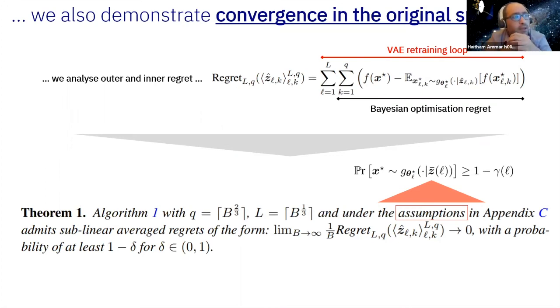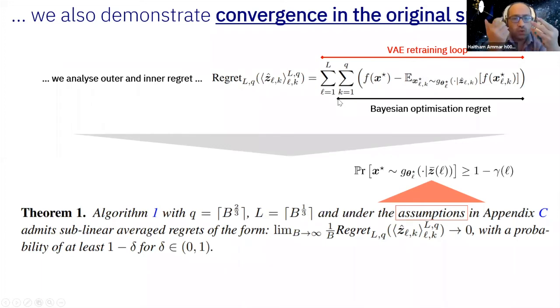that's fine. The assumption says that at a certain iteration L, right? So as this outer loop L grows, at a certain iteration L, the probability that you can sample X star from the decoder increases.